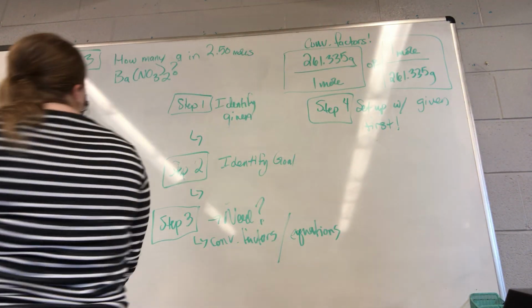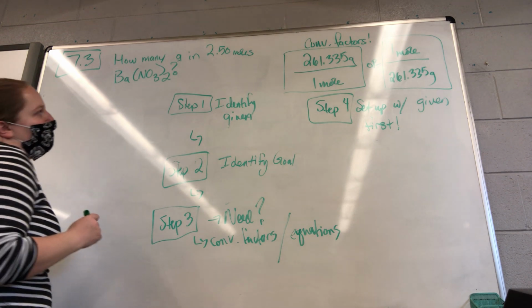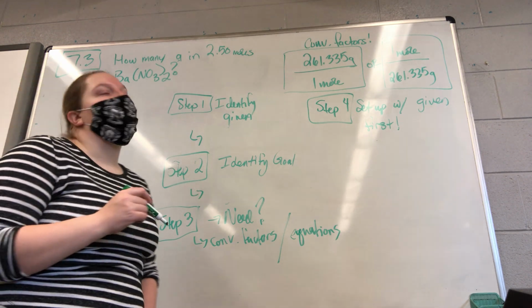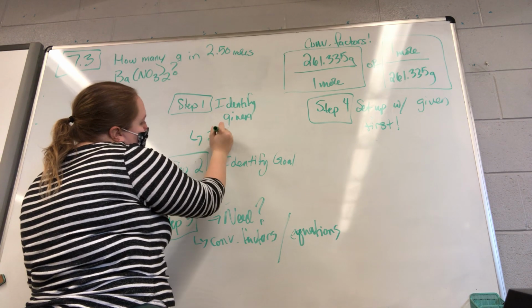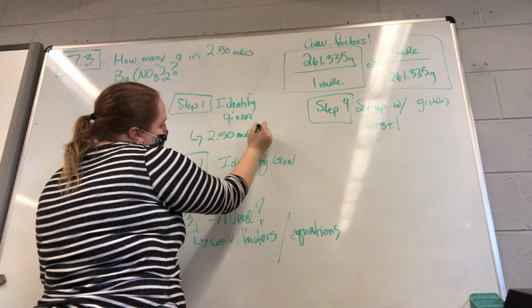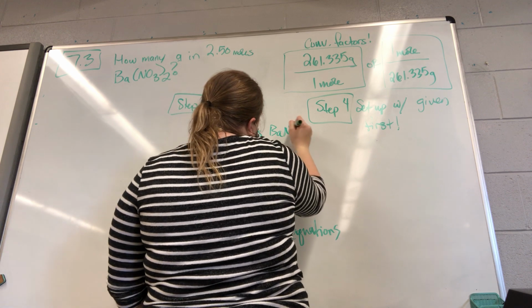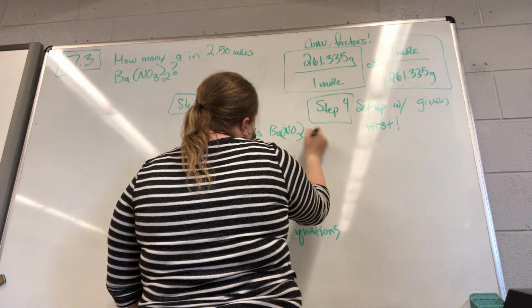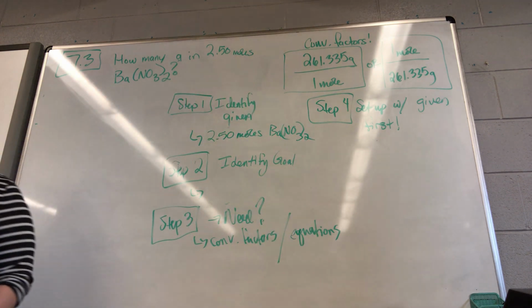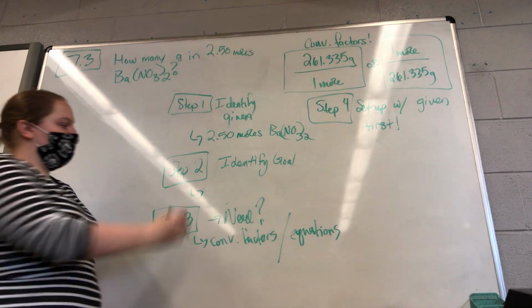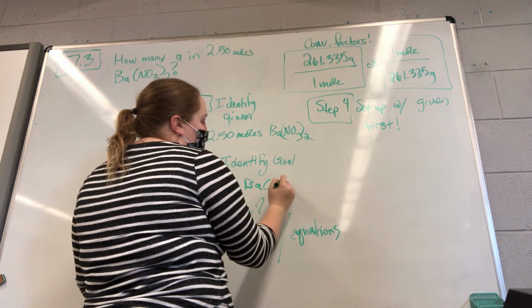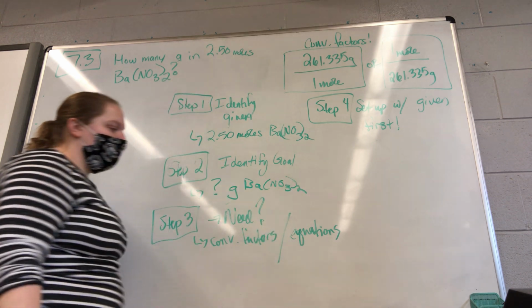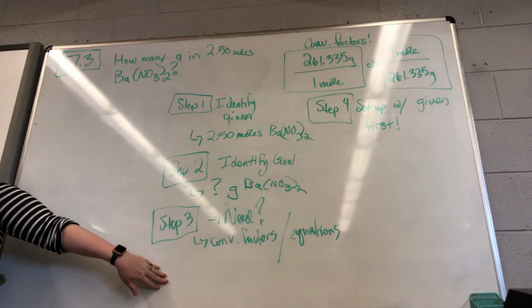Okay, how many grams in 2.5 moles of BaNO32? So the first thing is, what's our given? Of the barium nitrate. Okay. What's our goal? Do we have the conversion factors already?